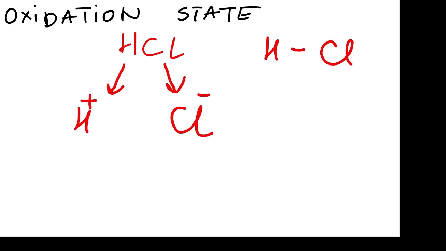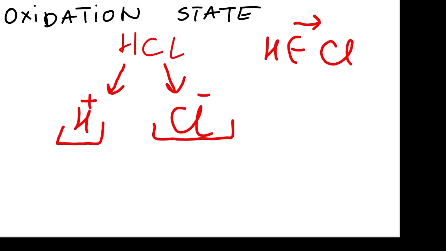The same situation: there is no breakage of this bond, but the pair moves toward the more electronegative atom. So in water solution, the charge of the hydrogen is equal to plus 1, and the charge of the chloride ion is equal to minus 1. So we have chloride anions and hydrogen cations.